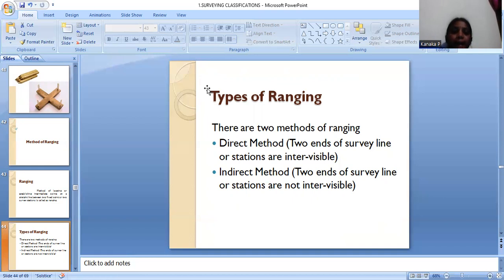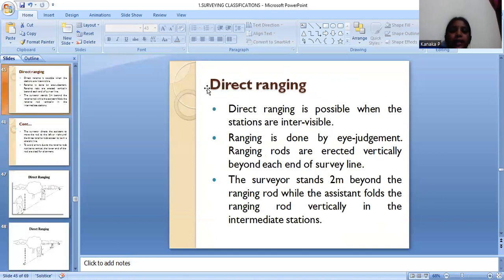Hilly regions use indirect methods, where the two ends of the survey line are not intervisible. Direct ranging is possible when the stations are intervisible.